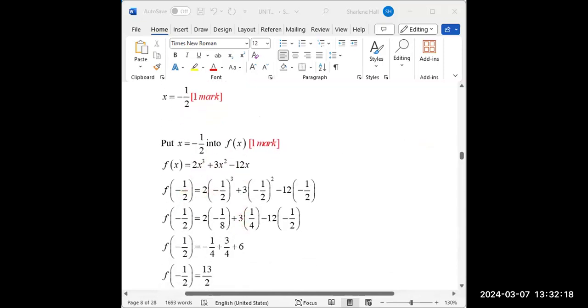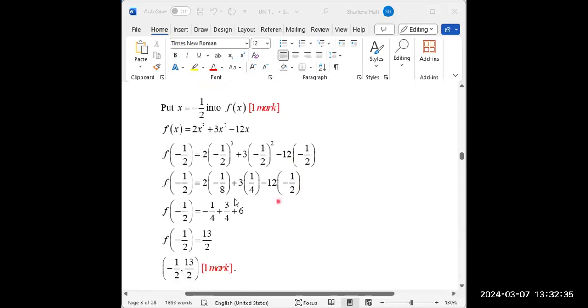So this is going to be 2 times negative 1/2 cubed plus 3 times negative 1/2 squared minus 12 times negative 1/2. When I do all this calculation, I'm going to come out to 13/2.